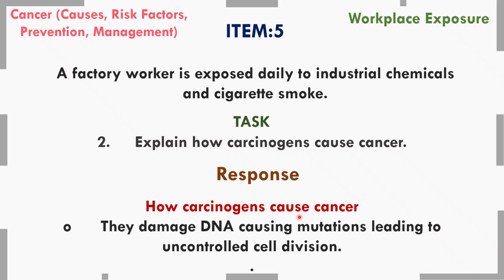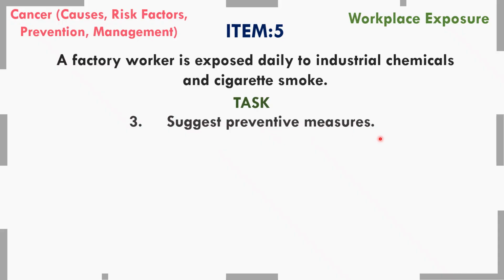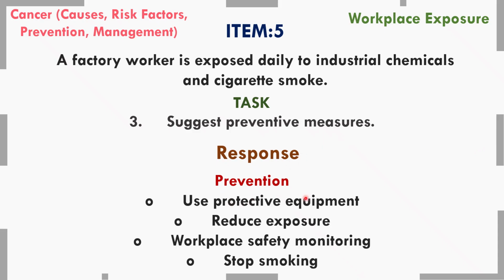How carcinogens cause cancer: they damage DNA, causing mutations, leading to uncontrolled cell division. Suggest preventive measures. Prevention can use protective equipment, reduce exposure, workplace safety monitoring, and stop smoking.